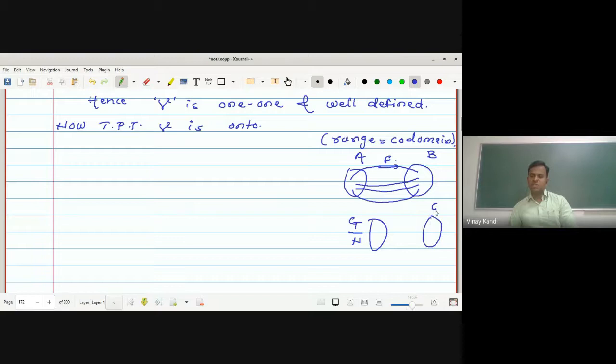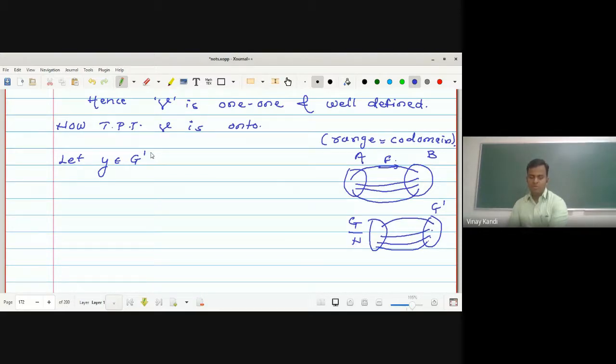For each and every element belonging to G dash, if we get the pre-image in G by n, then the function is onto. So let's take y as any element belonging to G dash.